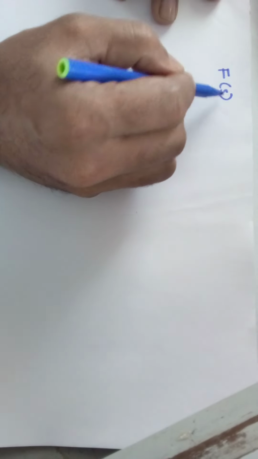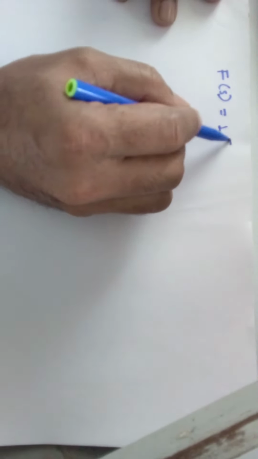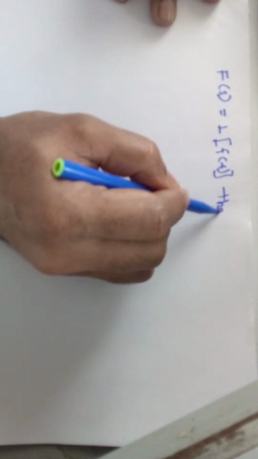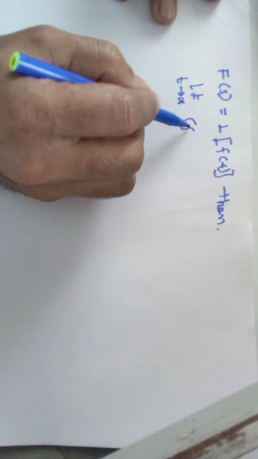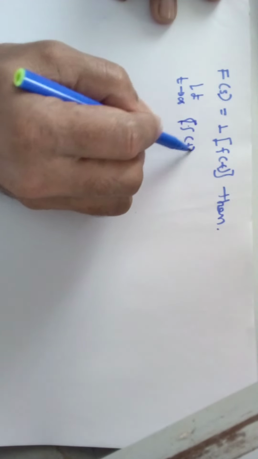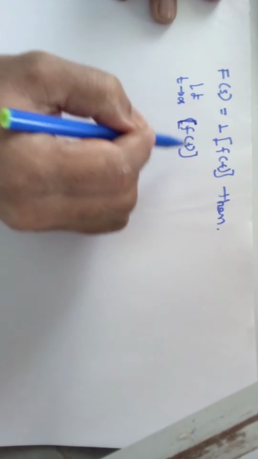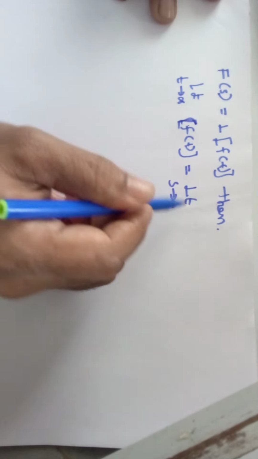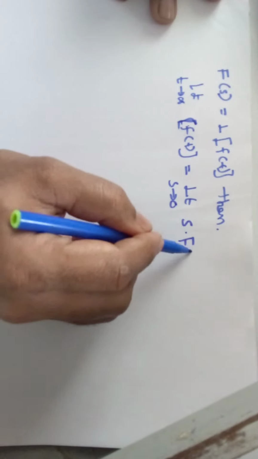Right? So what is the final value theorem? If F(s) is equal to the Laplace transform of f(t), then we can find the final value, that is limit t tends to infinity f(t), as limit s tends to 0 s into F(s).